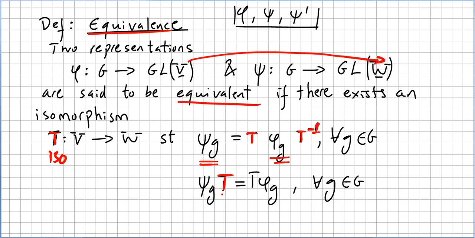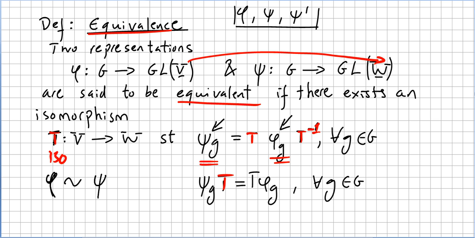If this happens, these two representations are said to be equivalent. And in this case, of course, phi is equivalent to psi. This representation is equivalent to this representation.